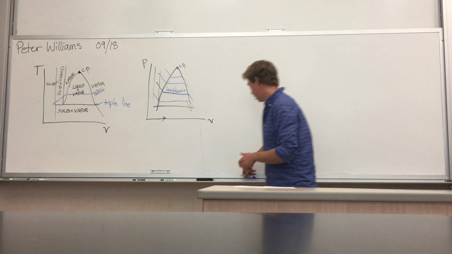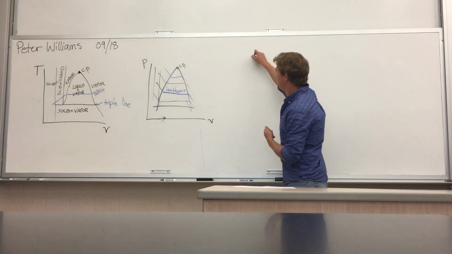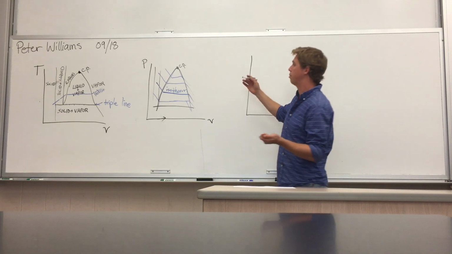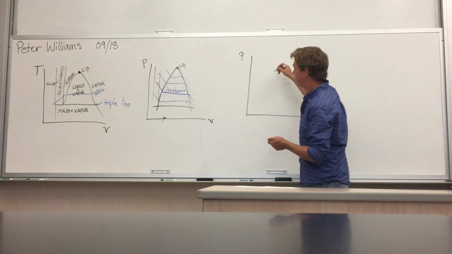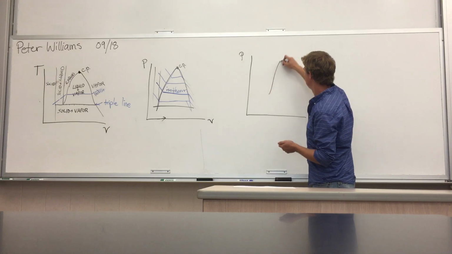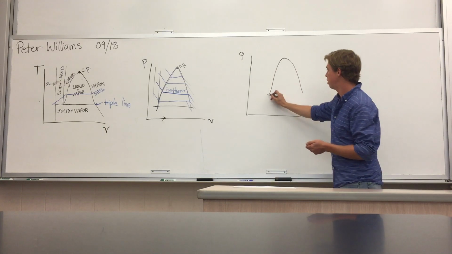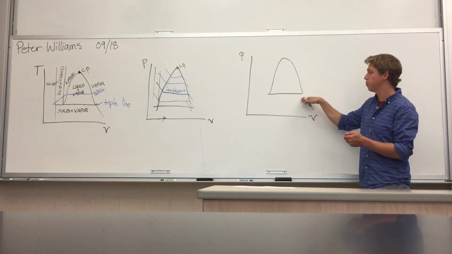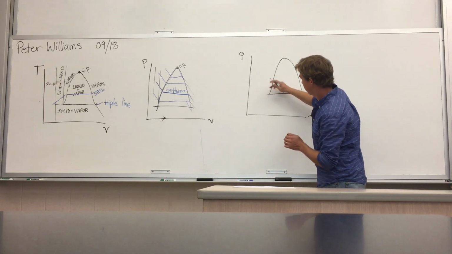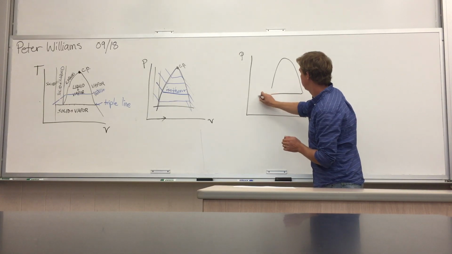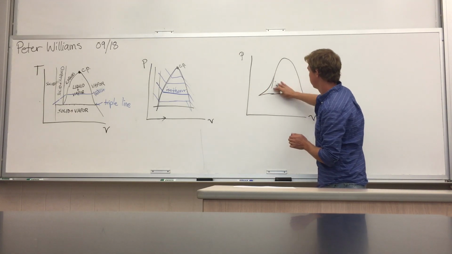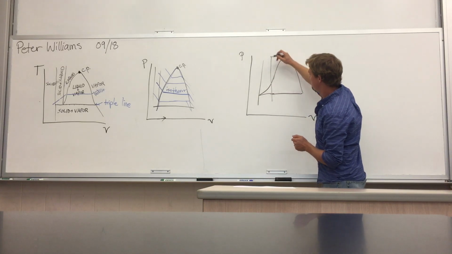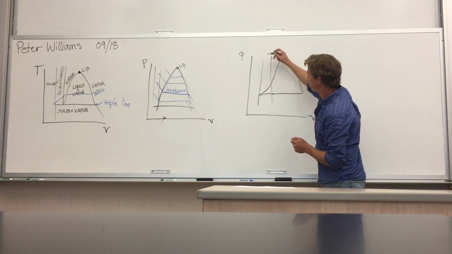I'm going to draw a new diagram. So here are my axes, and I can do pressure or temperature. I'm going to do pressure, all right? Here is the shape that we're familiar with, and our triple line across the bottom. So on these diagrams, what happens is this comes out a little bit further, and our region does something like this.